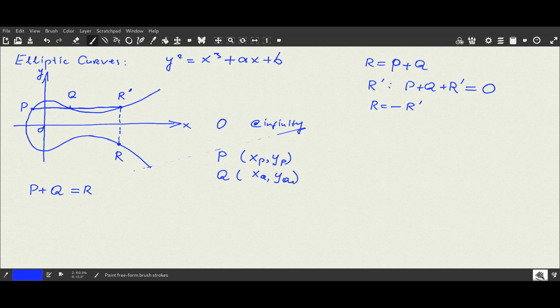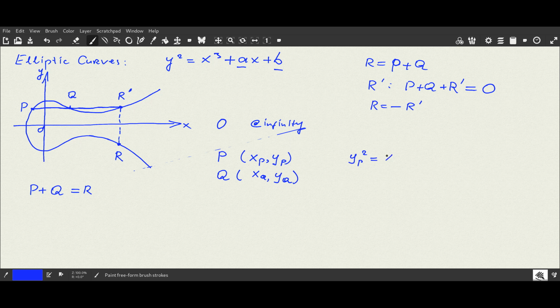First of all, what do we know about them? That they satisfy the elliptic curve equation. So yp squared equals xp cubed plus a xp plus b, where the constants A and B are fixed, so we do know them.